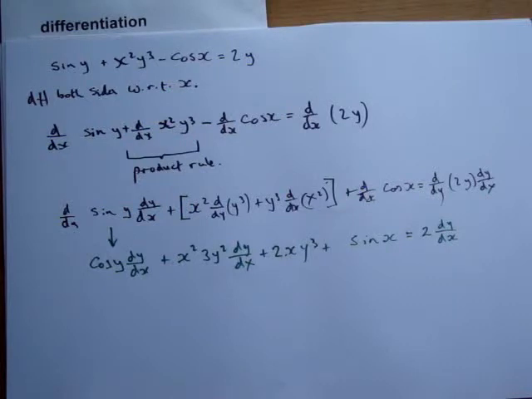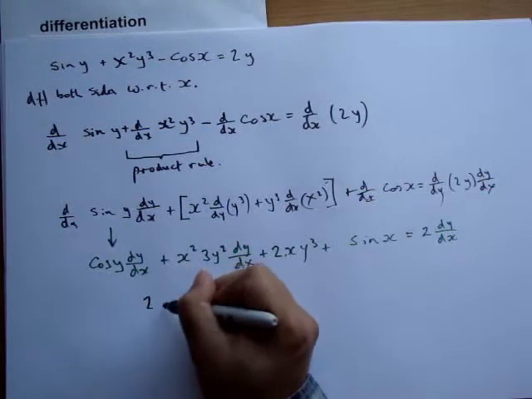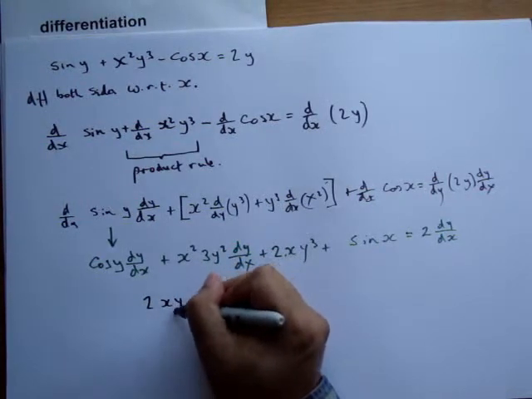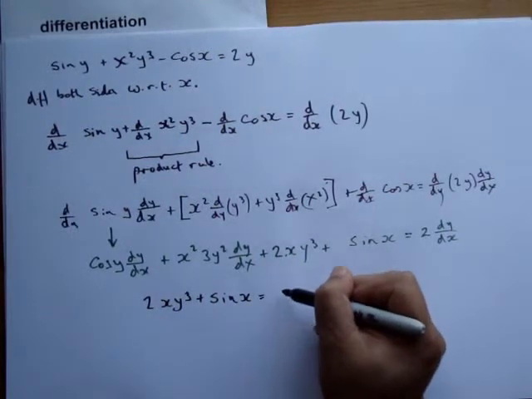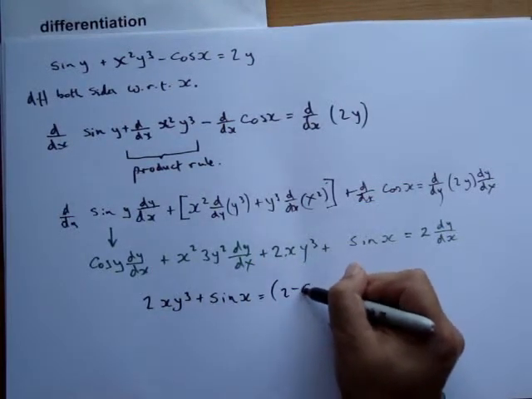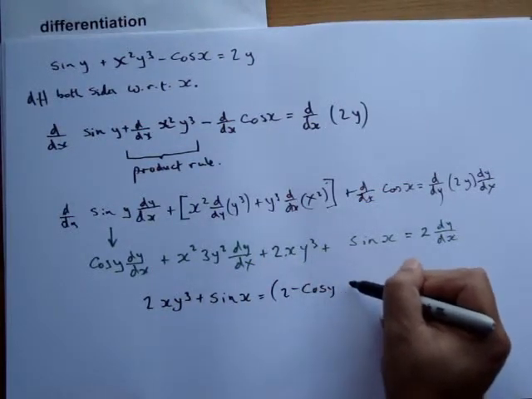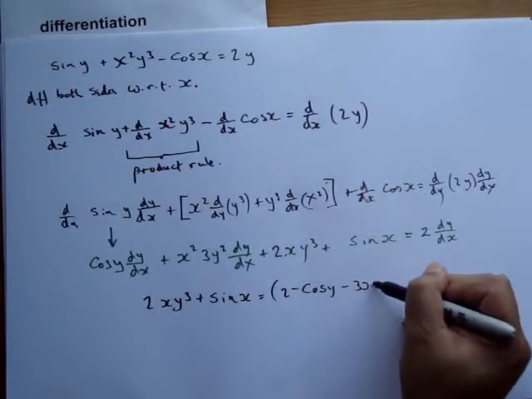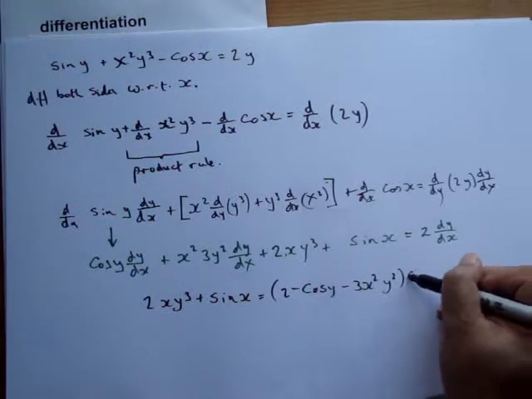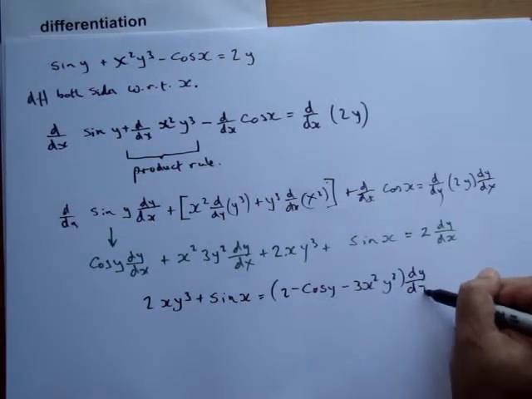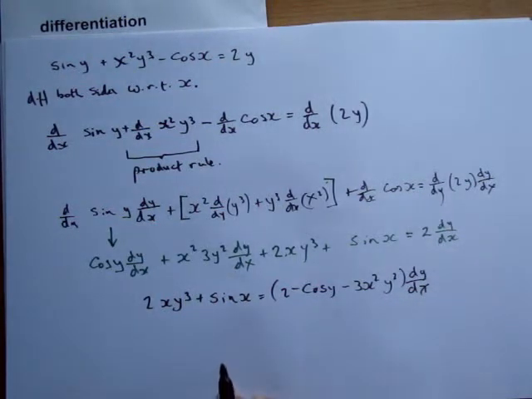So tidying this up, we get 2xy cubed plus sine x equals 2 minus cos y minus 3x squared y squared dy by dx.